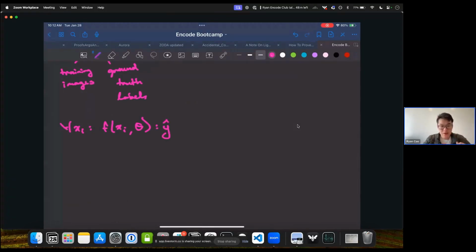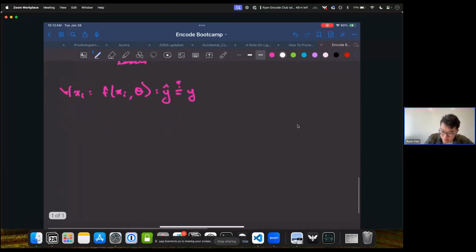In this case, y hat may or may not be equal to y, because I'm an untrained lab assistant, right? There's no way that I would just know these butterflies from the get-go. So it's very probable that, for example, y is something like 0, 0, 1, 0, 0, and then y hat is something like 0.2, 0.3, 0.3, that's 0.8 in total, 0.1, 0.1.